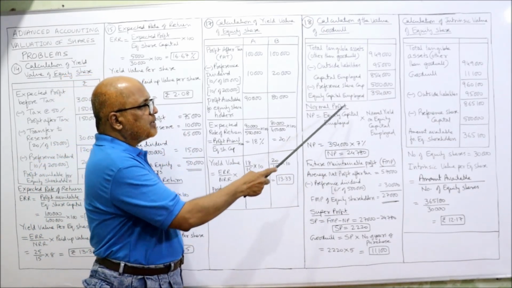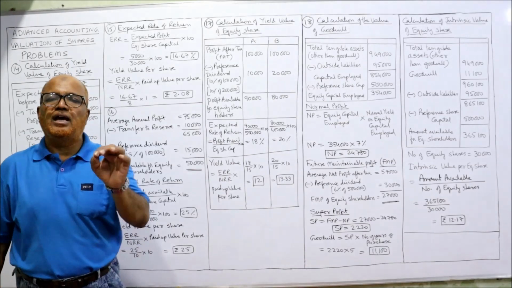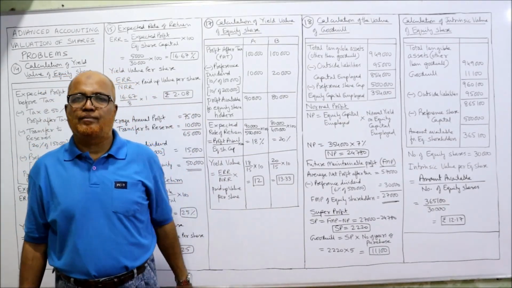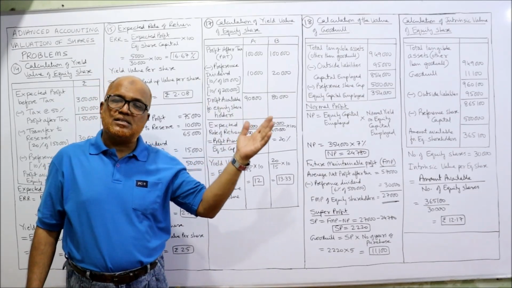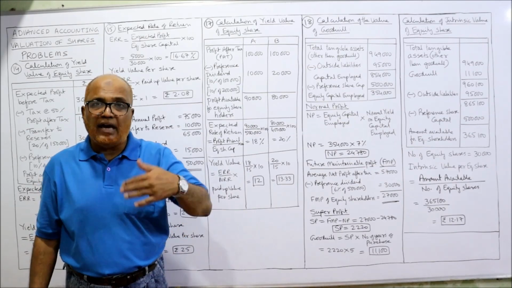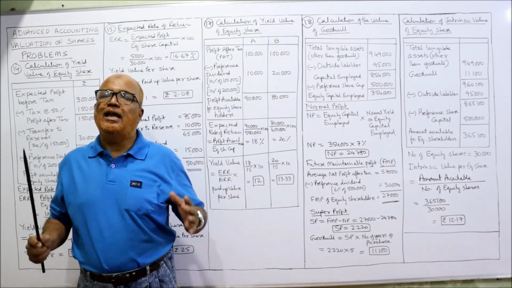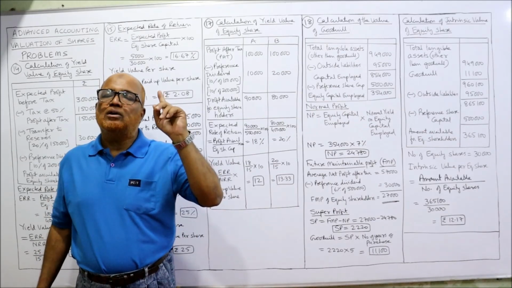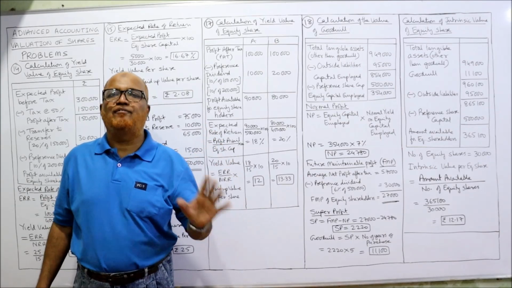So equity capital employed 3,54,000 into 7%, 24,780 is the normal profit. Now future maintainable profit is the past average profit adjusted for any changes in future. But in our problem, we are not given any changes in future. So whatever is the past average profit, that itself will be the FMP.